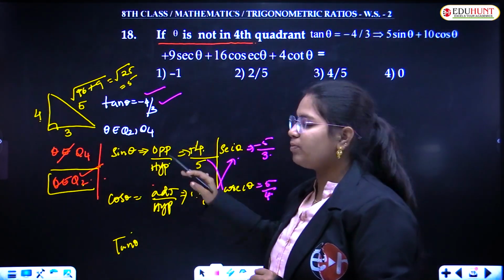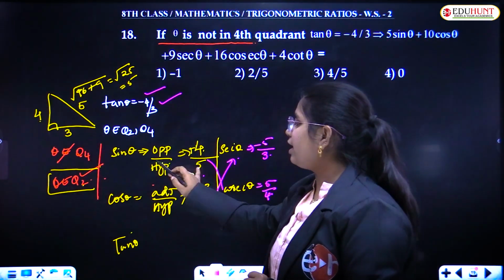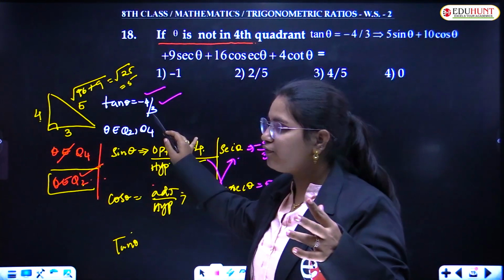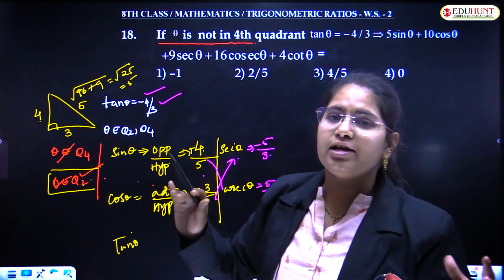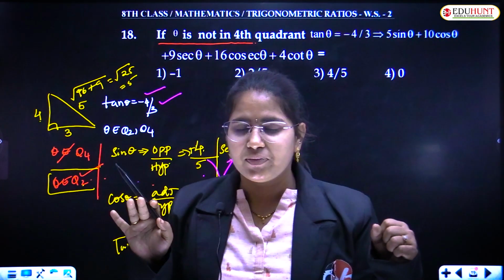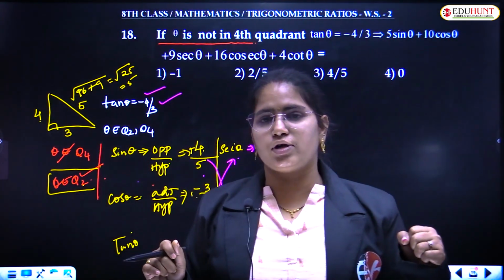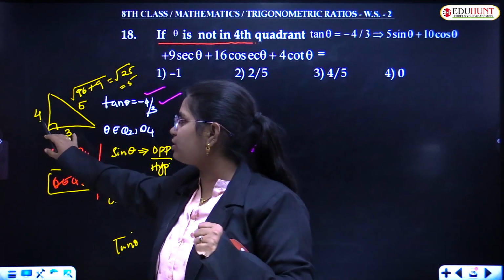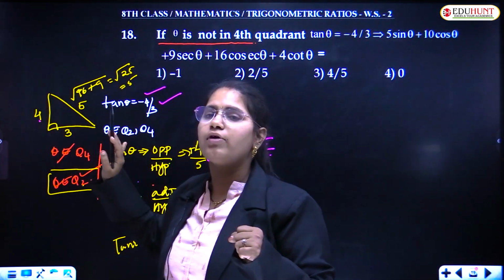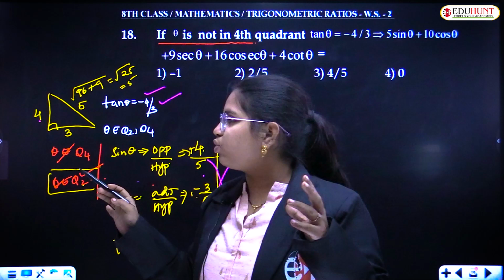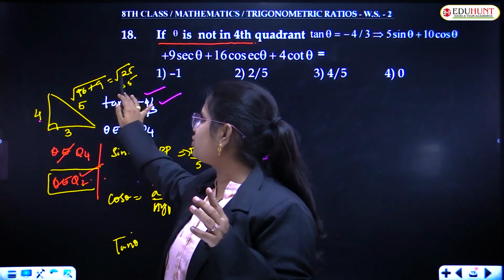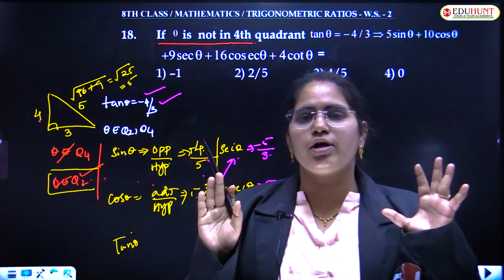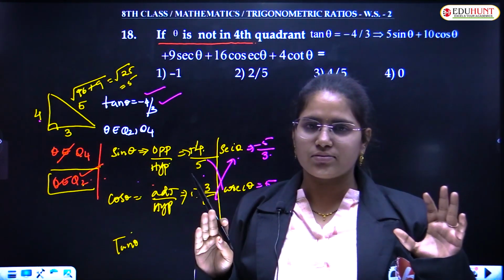Tan is defined as opposite upon adjacent, and from this I am deriving the sine value. Before finding the sine value, I need the hypotenuse. How can I find the hypotenuse? The hypotenuse is the square root of the sum of the squares of the opposite and adjacent sides. So 16 plus 9 is 25, root of 25 is 5. So my hypotenuse is 5 now.